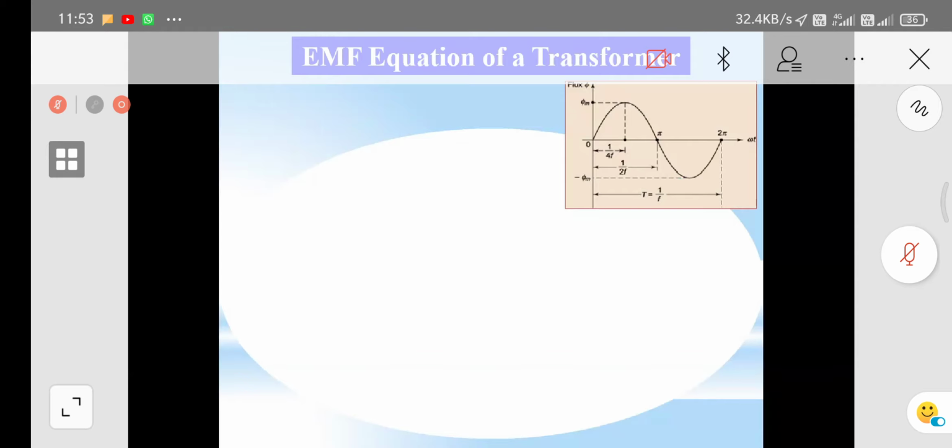When this flux links with the primary winding, an EMF gets induced in the primary. Similarly, when this flux links with the secondary winding, another EMF is induced in the secondary, that is E2. Here I am drawing.